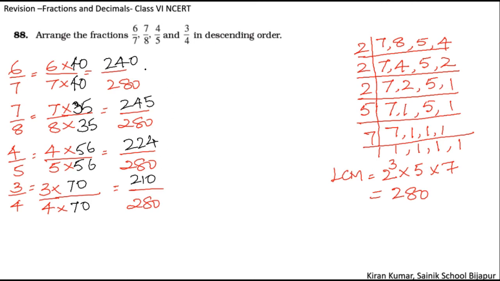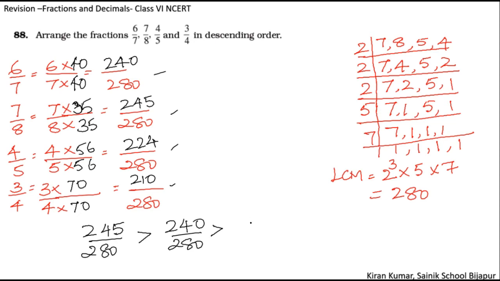Now compare these numbers. Now I need to write the larger first. So 245 divided by 280 has to be written first, which is greater than 240 divided by 280, which is greater than 224 upon 280, which is greater than 210 by 280.